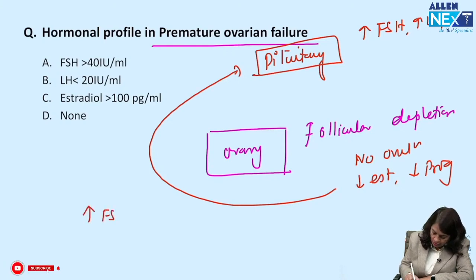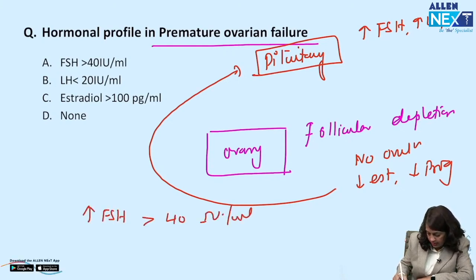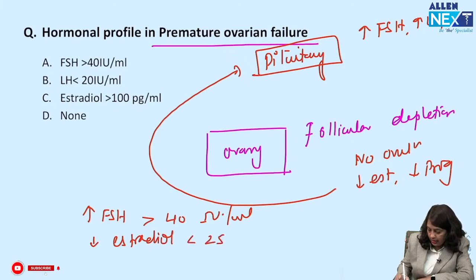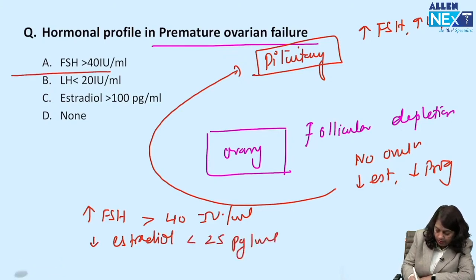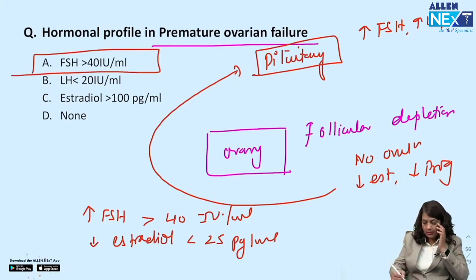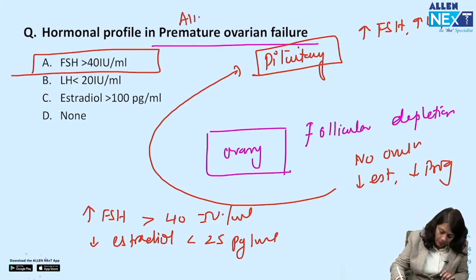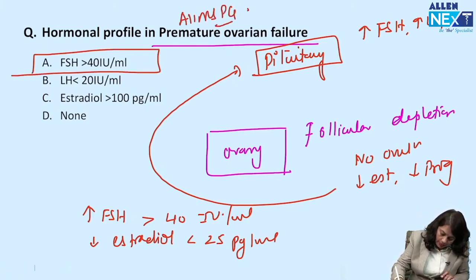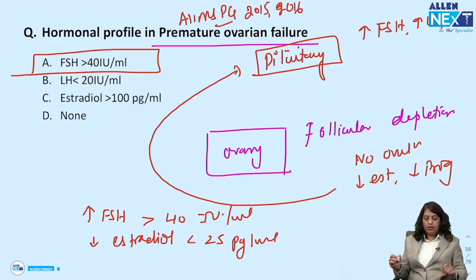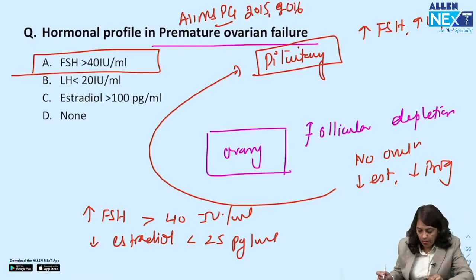So FSH is more than 40 international units and estradiol is less than 25 picograms per ml. So the best answer for this is a very, very favorite question of AIIMS PG. ठीक है. So there is so much about premature ovarian failure nowadays.